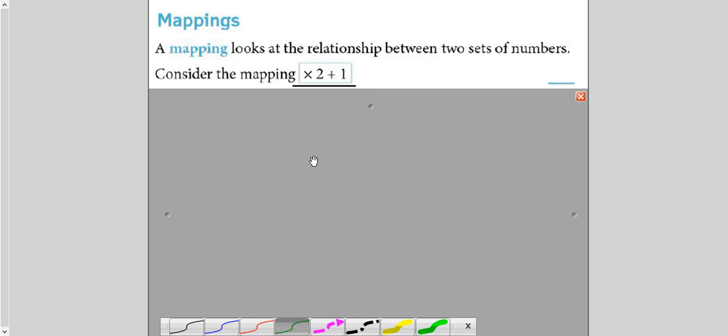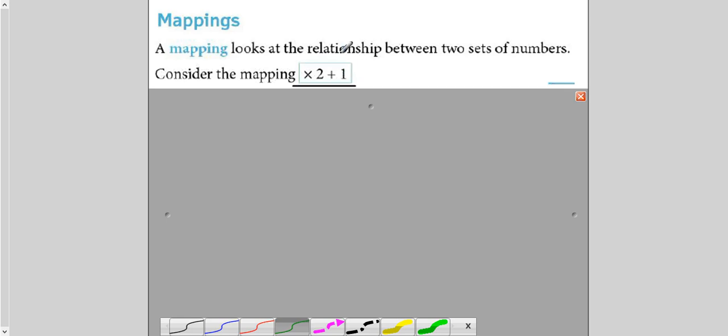You need to understand a few terms when you're studying function. One term is mapping. What is mapping? Mapping is basically a relation between two sets of numbers. Now what type of relation? I have taken one example. For example, I give you one number, I multiply it by 2 and then I add 1 to it, right?